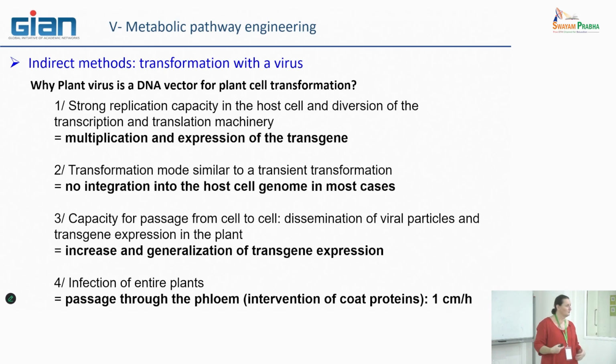This way, you can have a very high expression of this enzyme in your plant cells. It's also a way to characterize one enzyme activity in vivo, for example, if you can produce it at high levels this way.